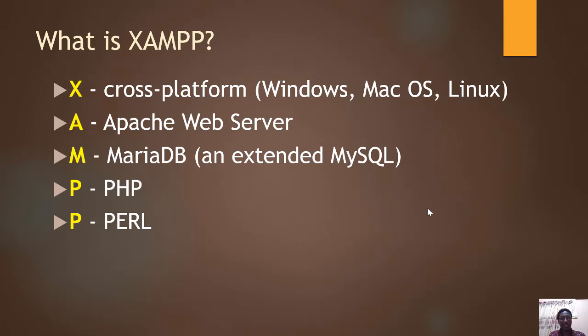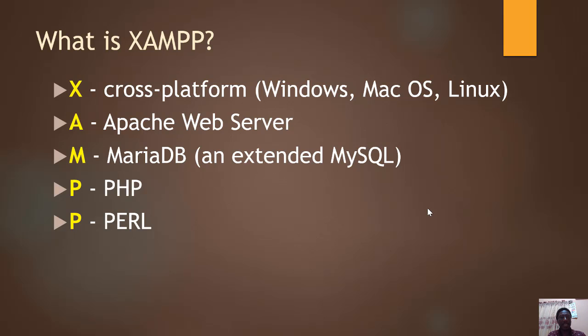So the X in XAMPP actually stands for cross-platform. Like I said, it means you can install XAMPP on a Windows machine, on an iOS system, and on a Linux operating system as well. Say your Ubuntu, for example.